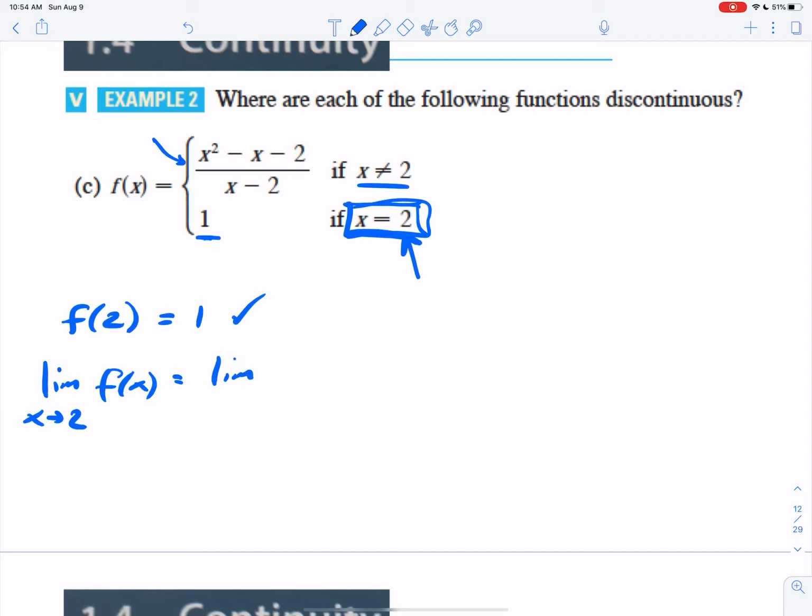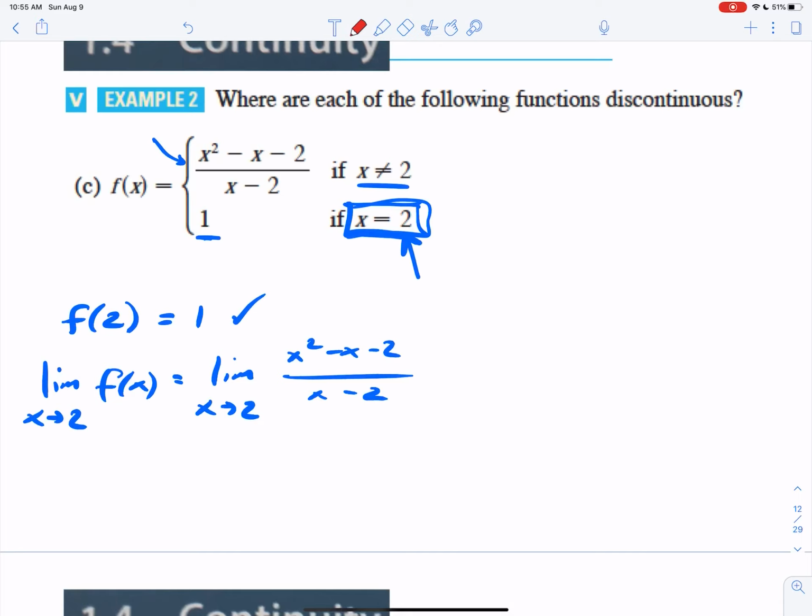So here, this is the limit as x approaches 2 of x squared minus x minus 2 all over x minus 2. So you guys have a limit now. What do we do? First thing when you see a limit, you try to substitute. But I won't write it down here. I noticed that when I plug in 2 mentally, the bottom's going to go to 0, so I have to come up with another way.